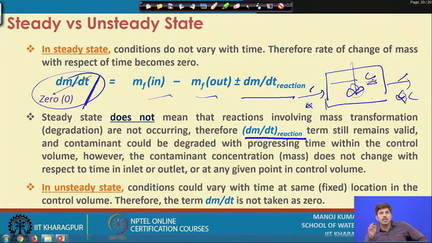If it is a plug flow system, the concentration here would be different, here different, but these different concentrations do not change with respect to time. So, if the concentration here is C1, here C2, here C3, whether we consider it this hour or a couple of hours later, the concentrations at these locations will still remain the same in a steady state system.